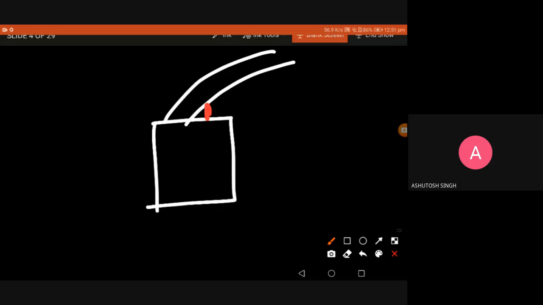The right sensor. Whenever the right sensor receives a white line, it should stop. So this motor has to stop and this motor has to continue its rotation. So whenever my photo transistor output is high, that motor has to stop its rotation.